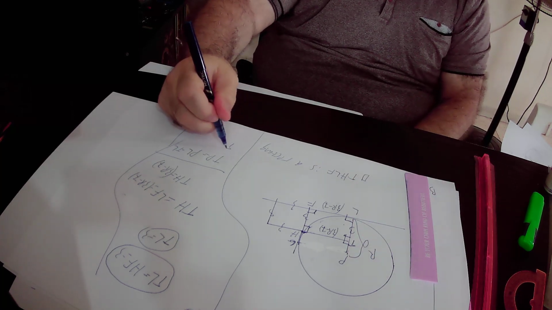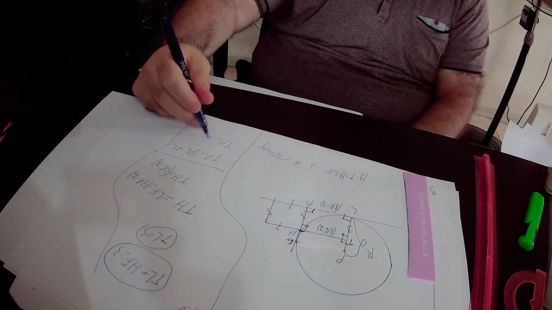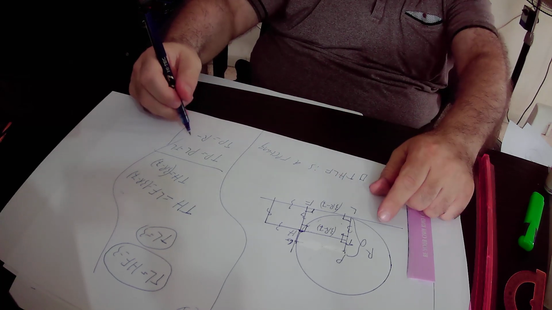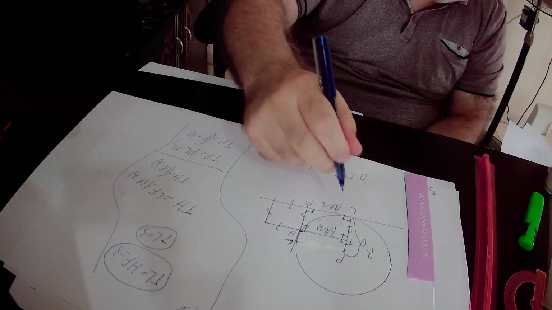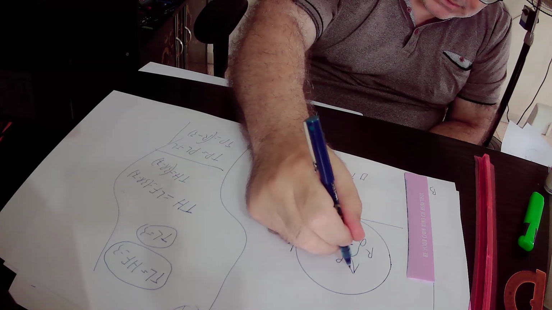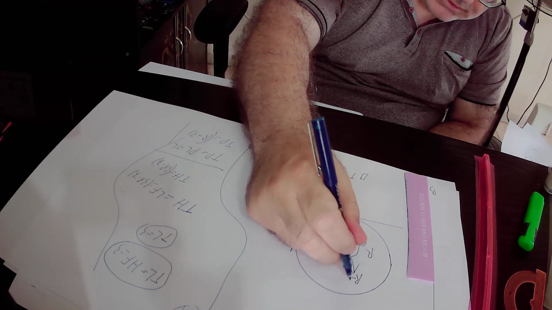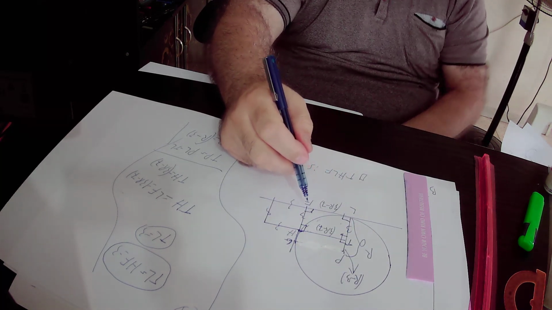So TP is equal to PL, that is the radius of the circle, minus TL, that is equal to 3. So in total, we found out that TP equals R minus 3, and we already found out that TH equals 3R minus 7.